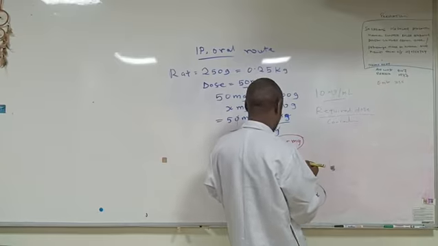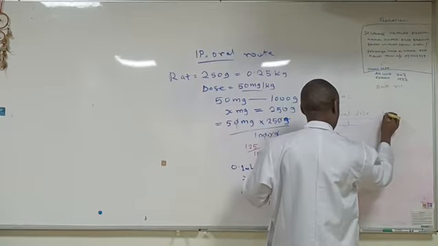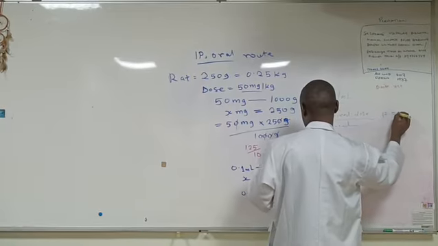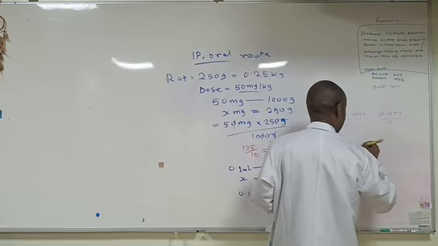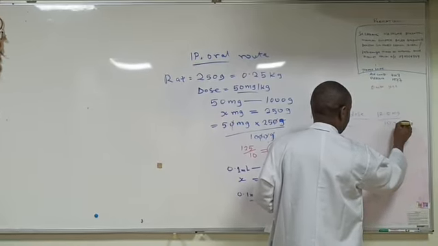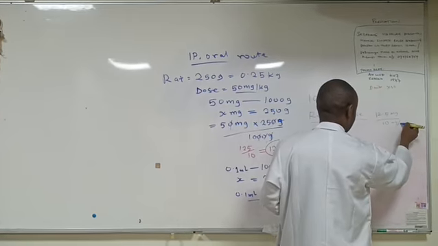So in this case, you have your 12.5 milligram by 10 milligram. So this is 10 milligram per ml, right?